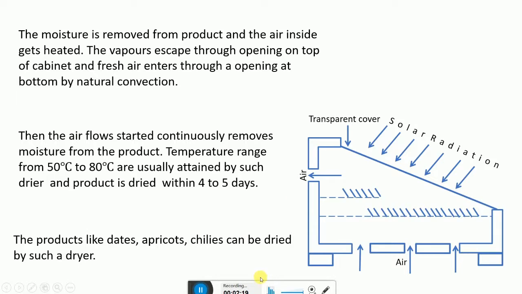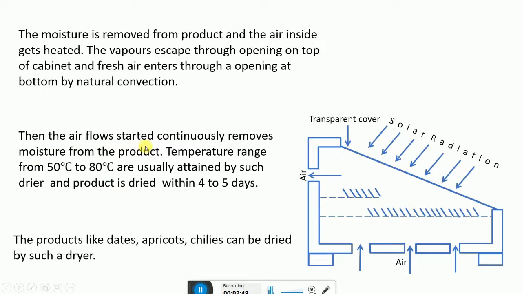The moisture is removed from the product and the air inside gets heated. The vapors escape through the opening on top of the cabinet, and the fresh air will enter through an opening at the bottom by natural convection. So fresh air enters from the bottom and hot air escapes through this opening.